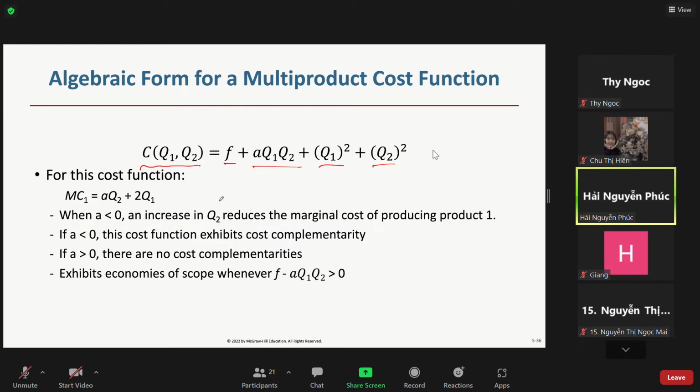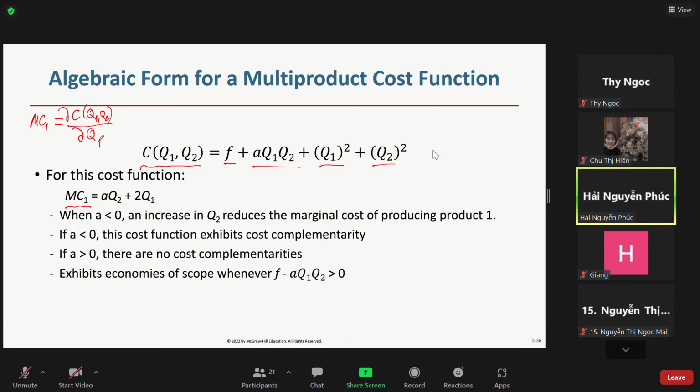With this cost function, we can write down the marginal cost of producing good 1, which is the derivative of the cost function C(Q1, Q2) with respect to Q1.